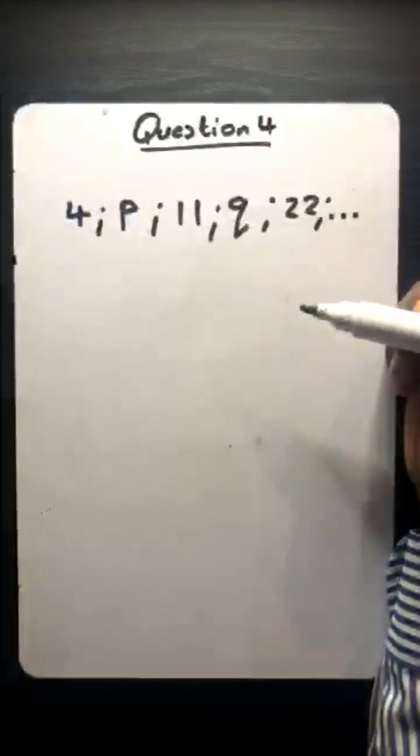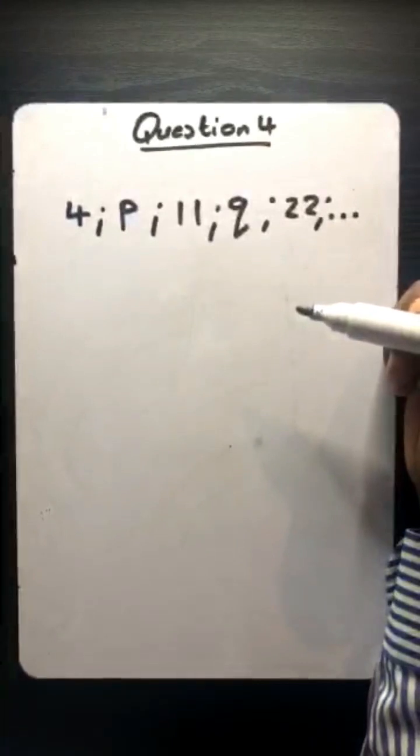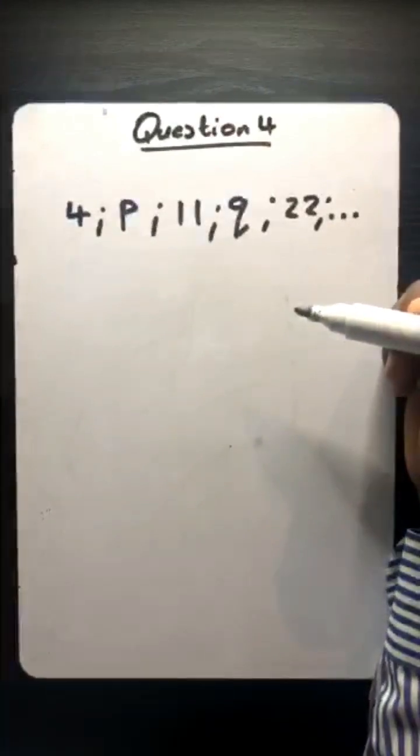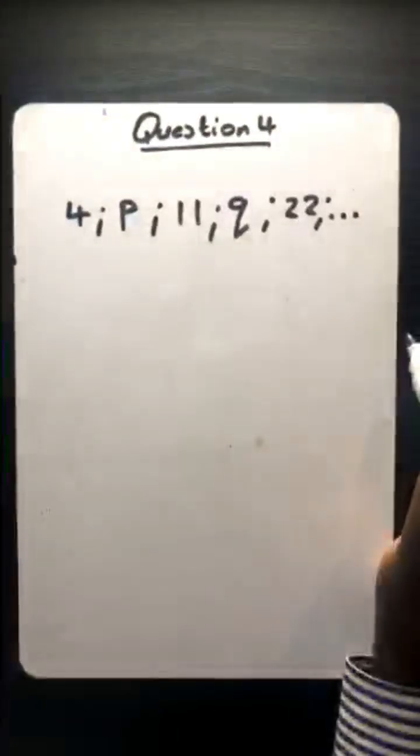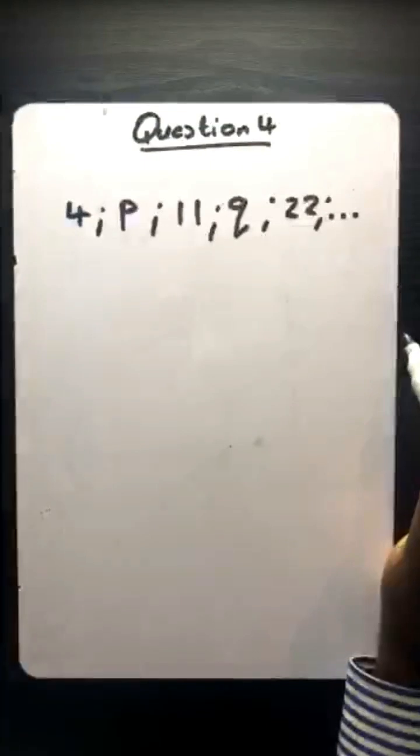So let's see. Question number 4, we are given a statement which says the quadratic number pattern has a constant second difference of 1.